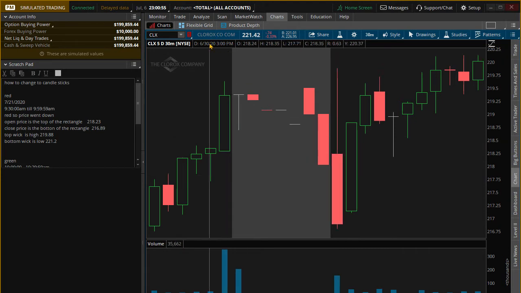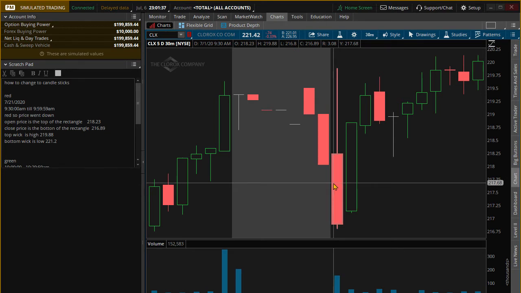If you look at the open time, this candlestick represents prices of the Clorox stock that start at 9:30 a.m. and end at 9:59 and 59 seconds in the morning, because the next one starts at exactly 10 a.m. So this represents 9:30 a.m. till right before 10 a.m., since it has a 30-minute aggregation period.